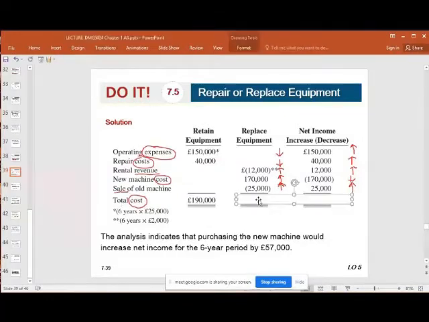So after you subtract everything, you should get 133,000. For your net income, you just add up everything: 150 plus 40 plus 12 minus 170 plus 25. You should get 57 positive.